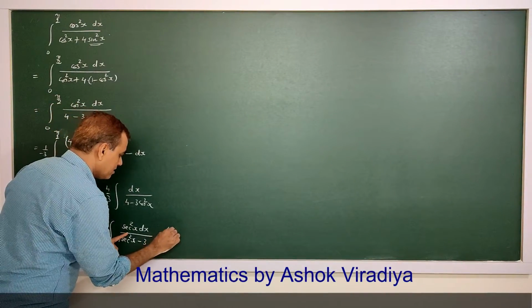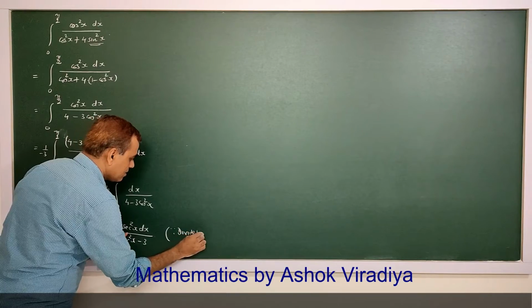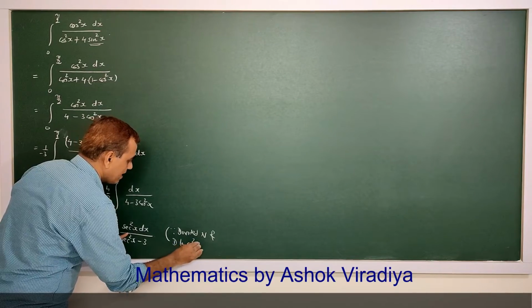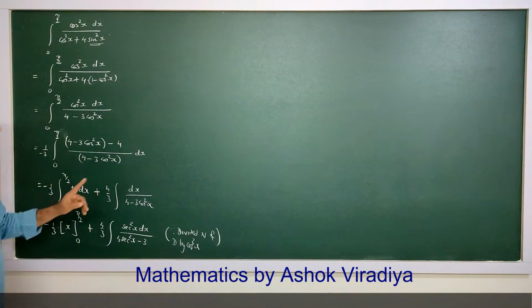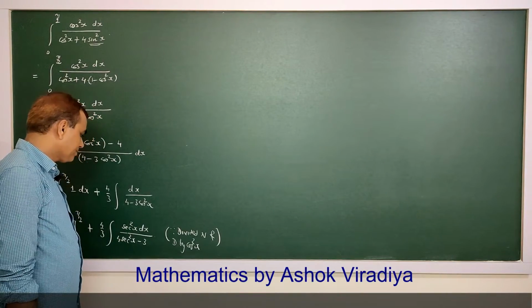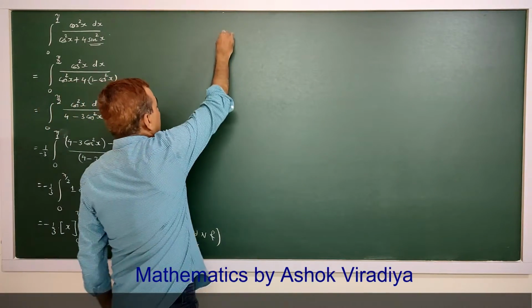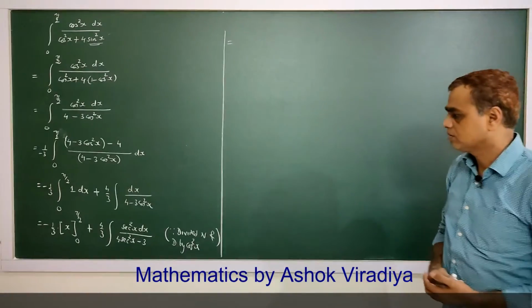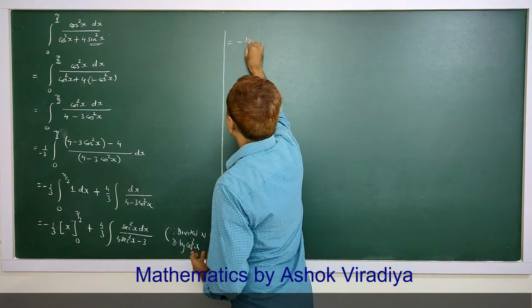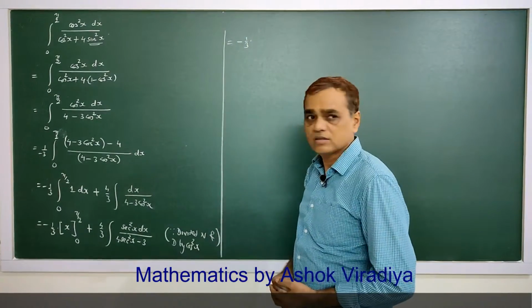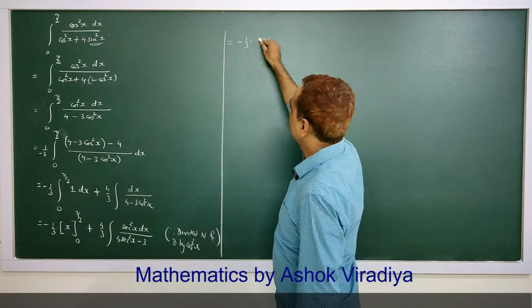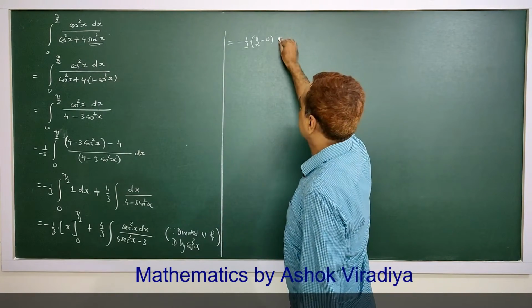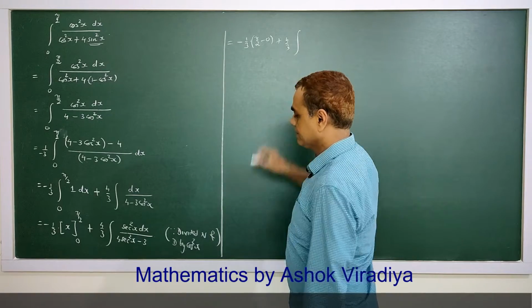Here we divided numerator and denominator by cos square x. So it is equal to minus 1 by 3, upper value minus lower value, pi by 2 minus 0, plus 4 by 3.